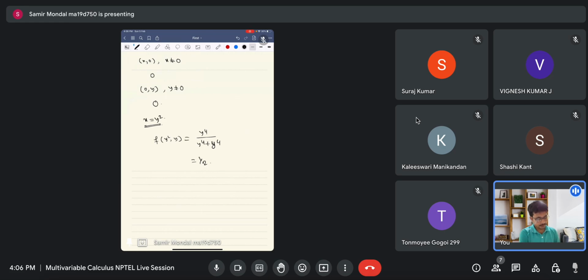So when your xy is approaching 0 0 with this curve, with this path, the limit of this function is going to half. But for those two cases your limiting value was 0. So along this path your limiting value is 0, and along this path your limiting value is half. Both are different, so the limit of the function does not exist. Okay, is it fine?